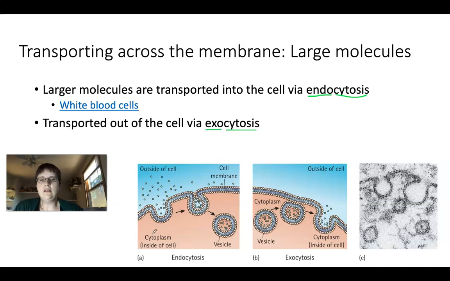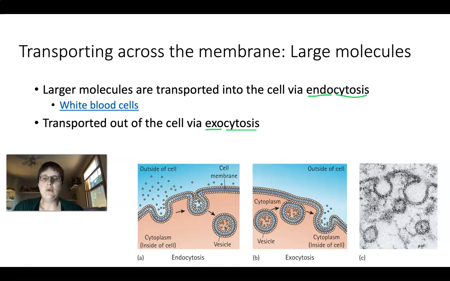You can see here, this side is endocytosis. The material's coming in, it comes up to the membrane, the membrane folds in, those particles get caught, the membrane pinches, and then we get what we call a vesicle, basically a little package of cell membrane with the material inside.